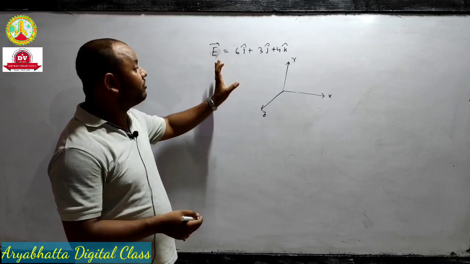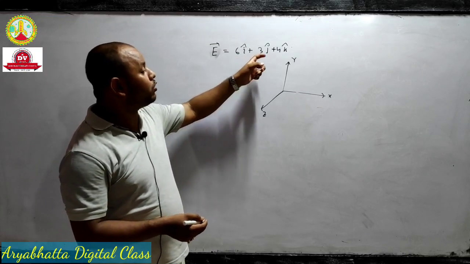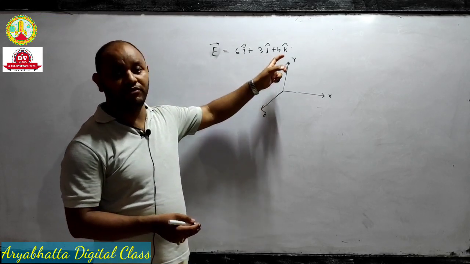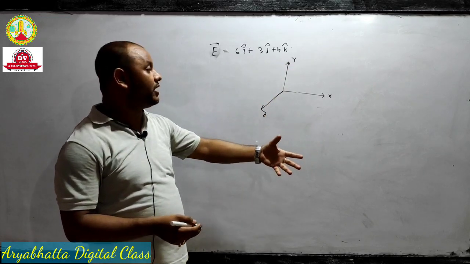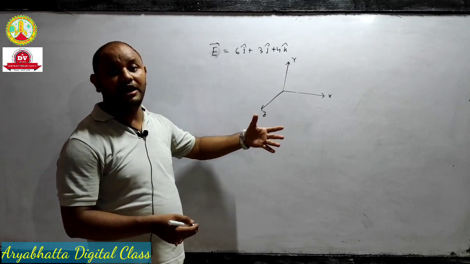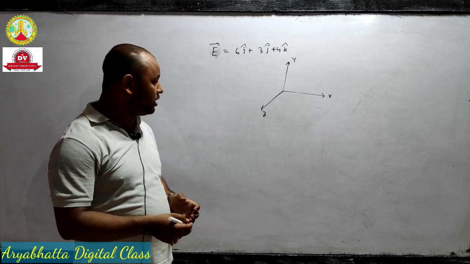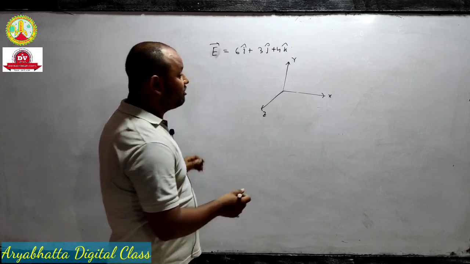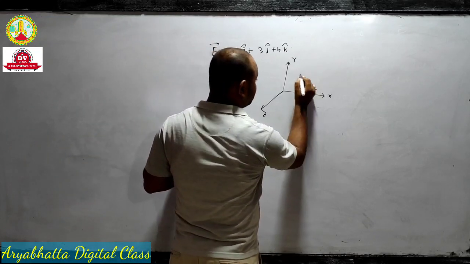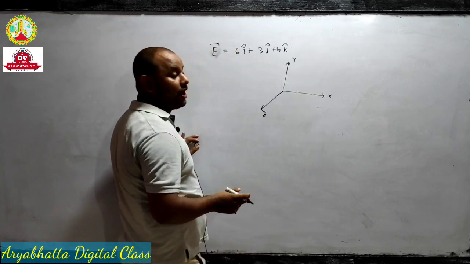तो इसमें इलेक्ट्रिक फील्ड का x कंपोनेंट भी है, y कंपोनेंट भी है और z कंपोनेंट भी है. तो इससे जो पहले हमने न्यूमेरिकल किया था, in that numerical the electric field has only one component, that is along x axis. Here also we are given a surface which is parallel to yz plane.